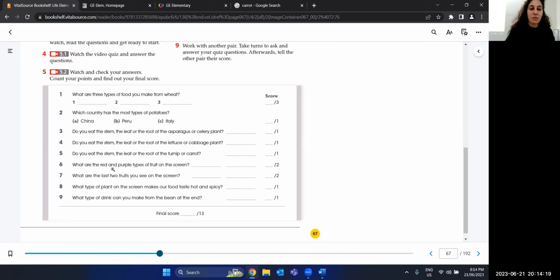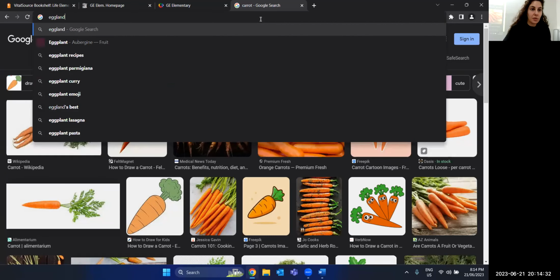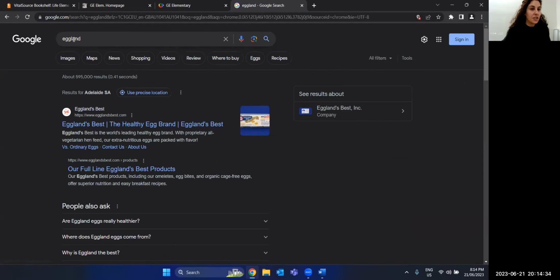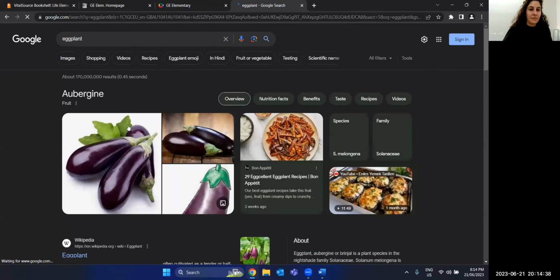What are the red and purple type of fruits on your screen? We saw tomatoes, that was a red one, and eggplant. So it's more common to say eggplant in Australia, even though it's the American English. So this is aubergine, British English.